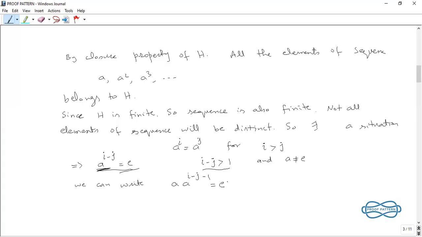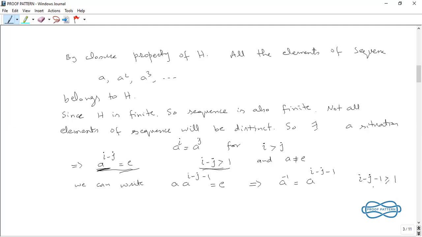Okay. Whenever the product of two elements is the identity, then they are inverses of each other. So this implies A inverse is actually equal to a^(i-j-1). And this i minus j minus 1 will be greater than or equal to 1, because i minus j is strictly greater than 1.